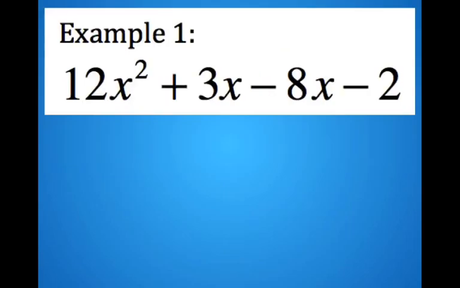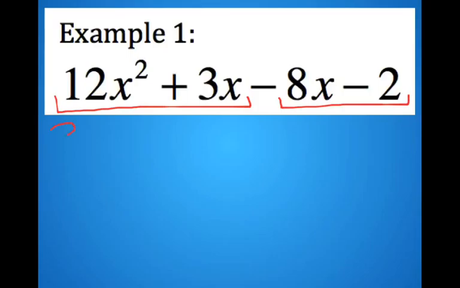Okay, first one, when you have four terms, you look at it and see if all four terms have anything in common. This one they don't, so you immediately start pairing them up. The first two you pair up, and the second two you pair up. So look for something that the first two have in common.